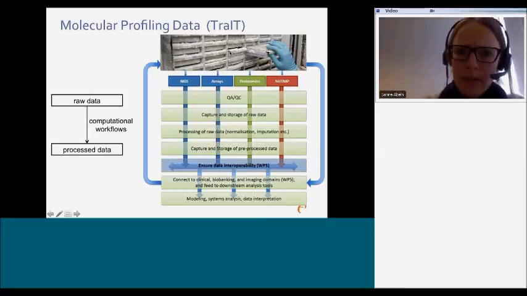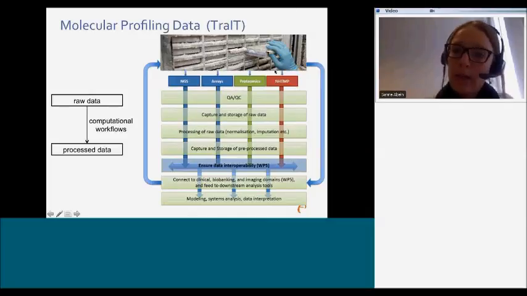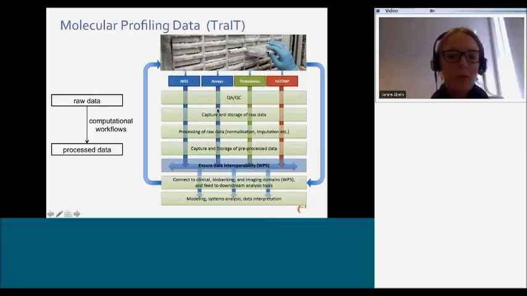So within TraIT, and I'll explain more about TraIT later, how we see this is that we have the samples, the human samples, and if we now talk about the data, this comes out as raw data out of the machines. You need some quality control. You need to actually store your raw data. And then a lot of computational processing goes on.